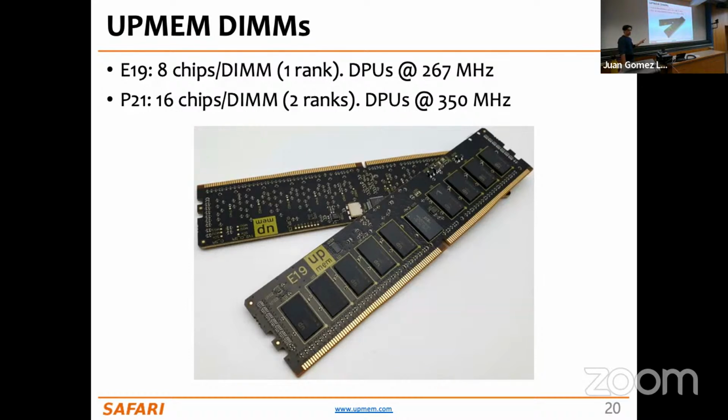Nowadays, these DPUs run at a little bit higher frequency, 425 megahertz, and I think that UPMEM is working on enabling a little bit higher frequency, something like 500 megahertz, or maybe even a little bit more.